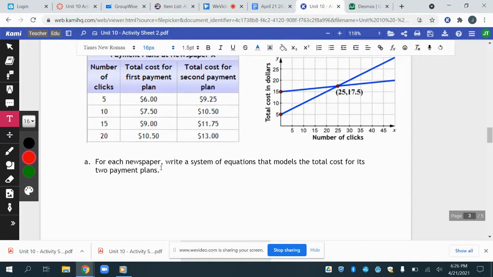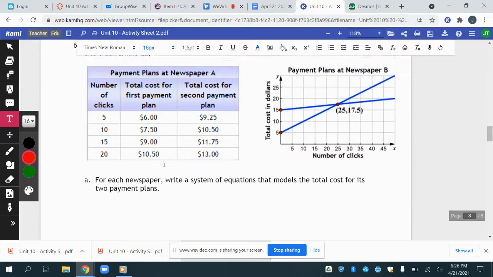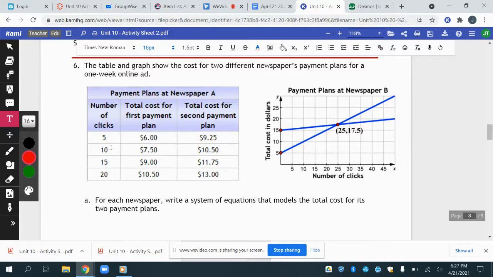Okay, oh, this is newspapers. Wow. For each newspaper, write a system of equations that models it. All right, we're going back to here. 2 newspapers. Okay, here's newspaper plans. All right, 1 week ad online. There it is. They've got number of clicks, total cost for first payment plan, total cost for second payment plan.